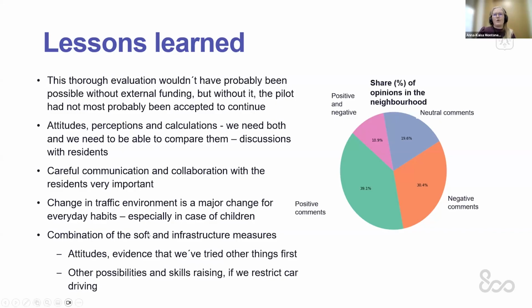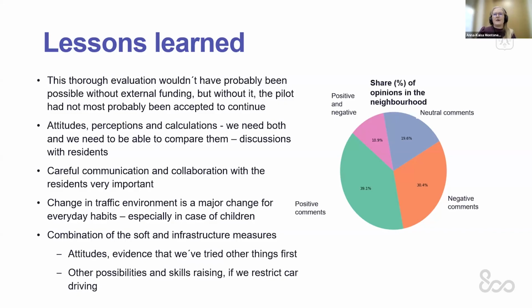Here are some more thoughts, but maybe I will highlight this lastly, that the combination of these soft measures and infrastructural measures is very important in two ways. First of all, attitudes are much easier if we have the evidence that we have first tried out all of these soft measures before making any restrictions.